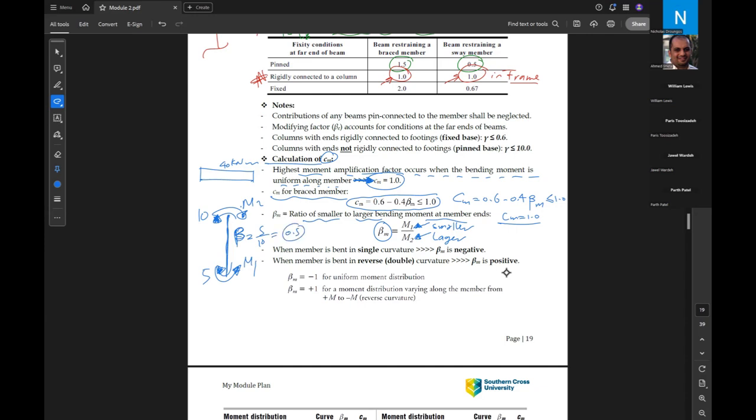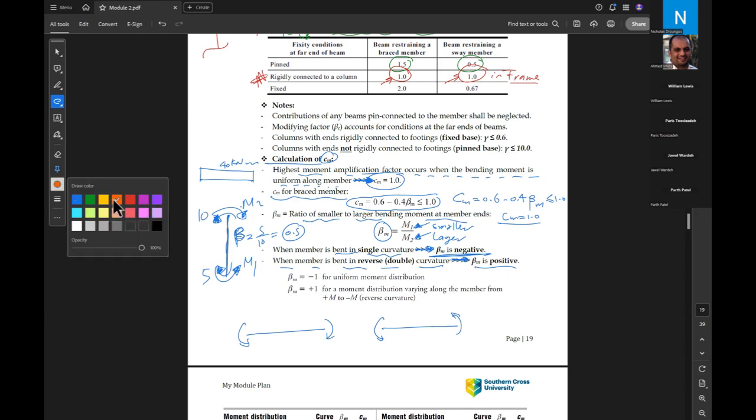Okay, but another thing we need to consider is the direction of the two moments. When the member is bent in a single curvature, take beta M as a negative value. When the member is bent in reverse double curvature, beta M should be positive. What is the difference? We might have this case or this case. In this case, the moments will cause single curvature because they are both bending in this direction.